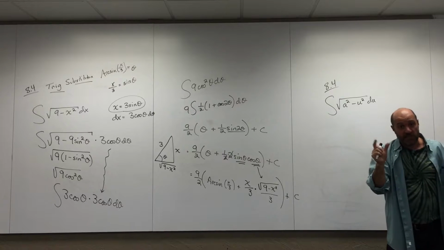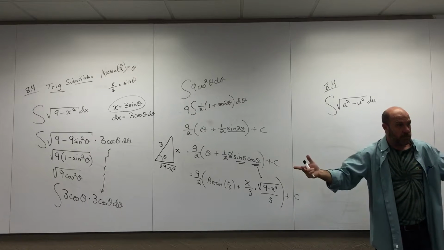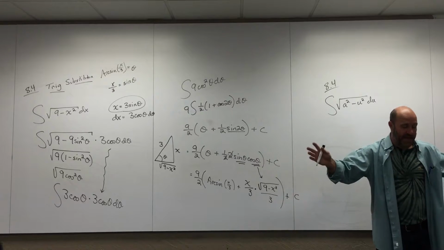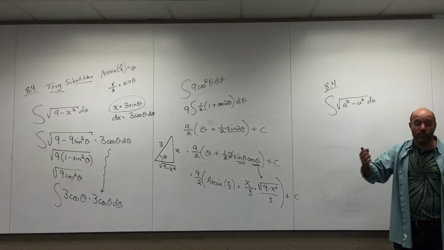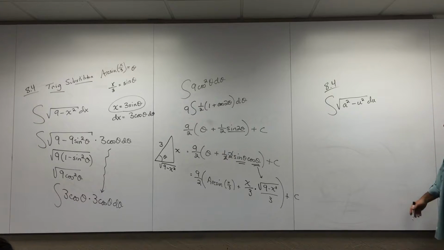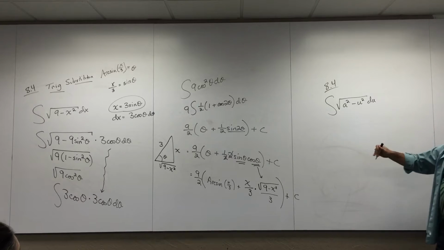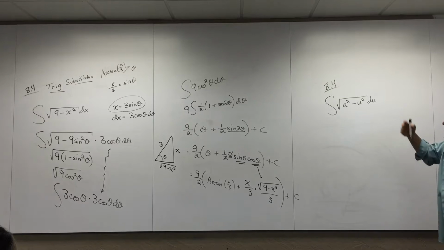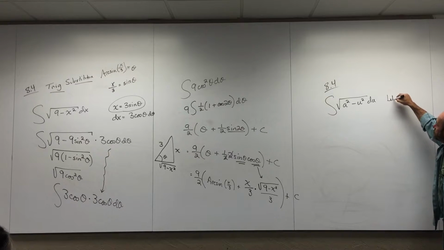When I write u, it's a variable. A is never x's. U's are x's. A's are numbers. When I have this scenario, which was my scenario, do you agree? Then this is the substitution you should make.